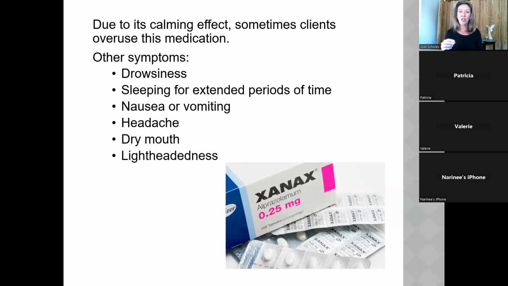We know that a session adaptation for someone taking Xanax is just to pay attention if they fall asleep hard. Now, that does not mean they're overusing Xanax. It could be, but it just means once they're on it, it's how their body is reacting to it. So they may still be in the process of regulating their dosage.